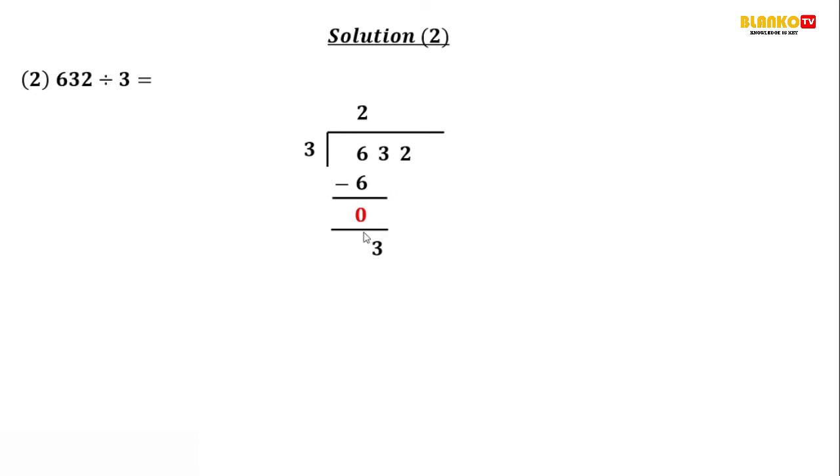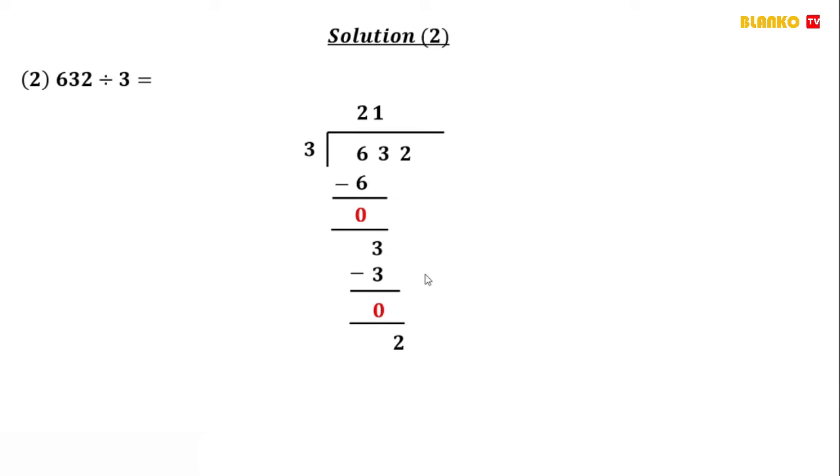So 3 goes into 3 1 time. When we multiply 3 by 1, we get 3. When we subtract 3 from 3, that is also going to give us 0. So we are left with 2.